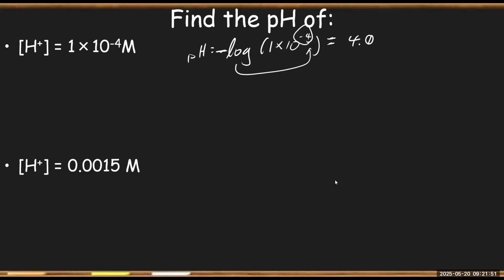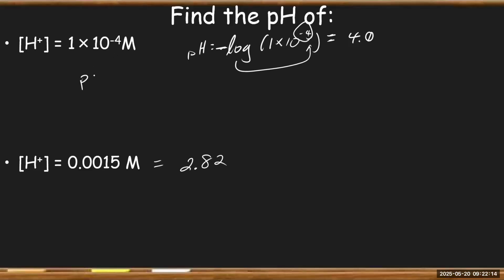What about this one? Easy. You just have to go 0.0015, press the log button. Where did the log button go? Right here. And boom, you get that, except it's a negative log, so it's going to be positive 2.82, right? Decimal places, right?